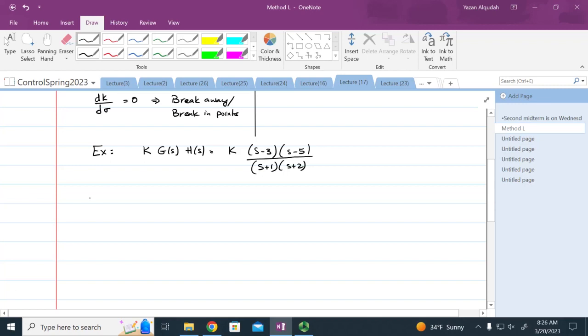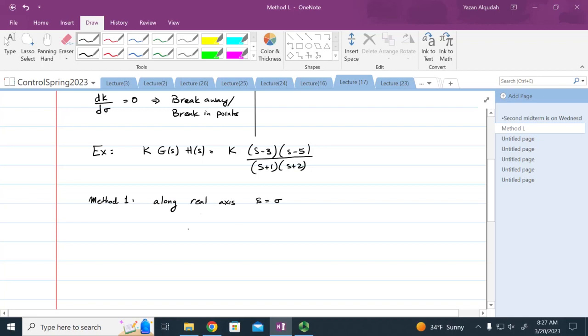So using method 1, since we are doing this along the real axis, s is equal to sigma.